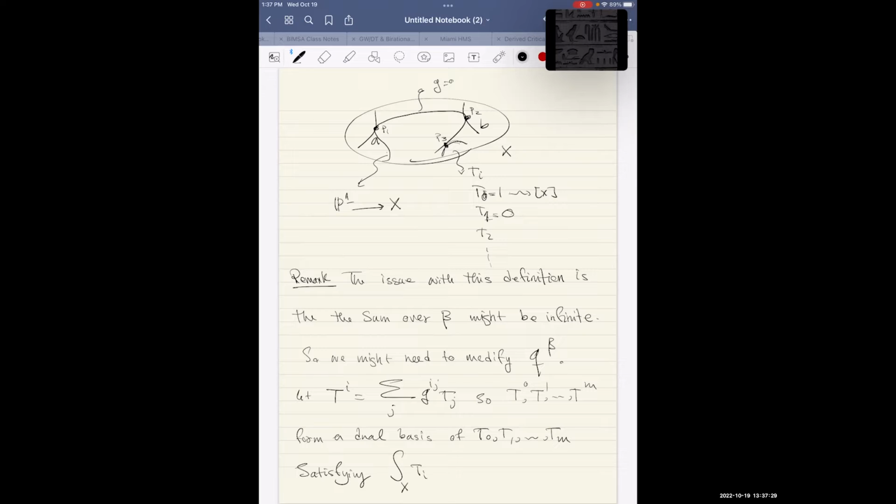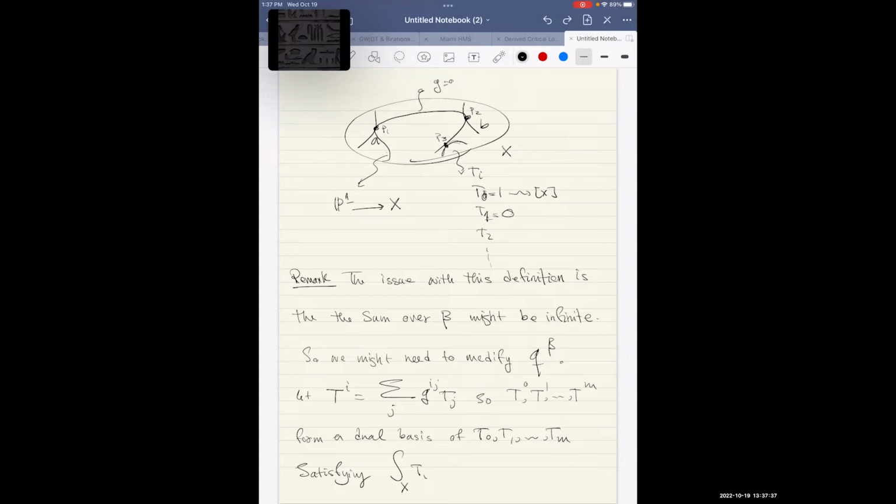The intersection of them should be the Kronecker delta. So it's better to put it like this, Ti dual and Tj, and I would like to get the Kronecker delta. That is the dual basis.